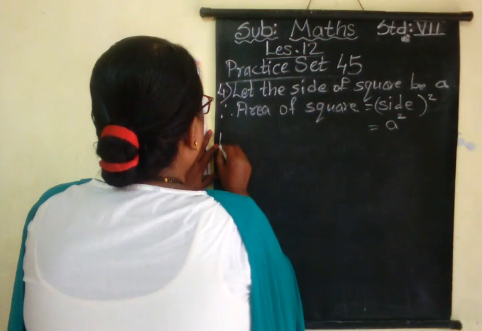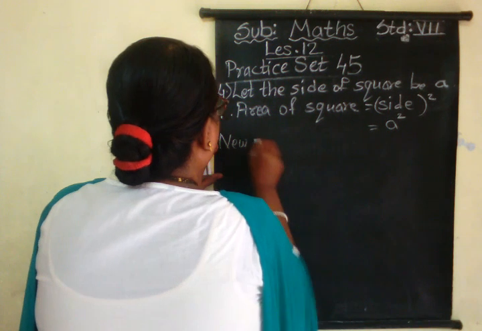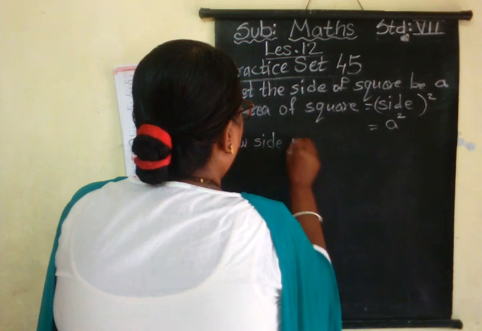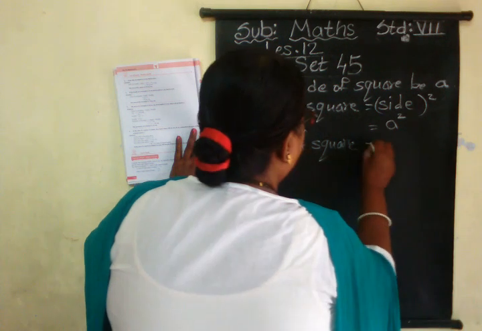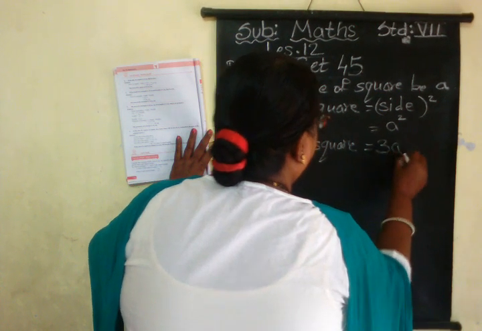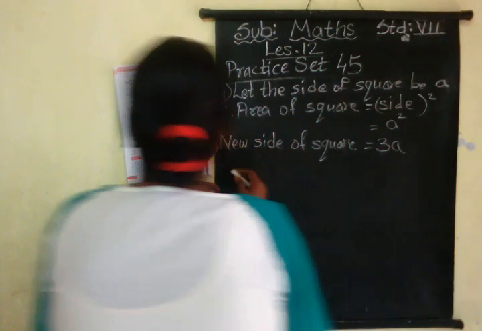Now, new side of square equals 3A, 3 times the original.